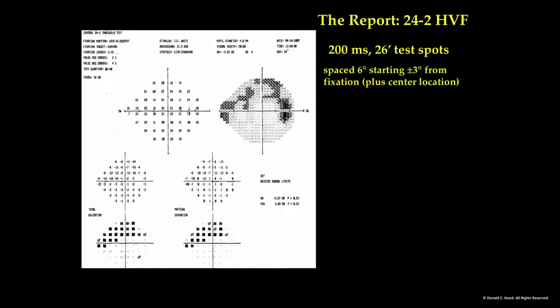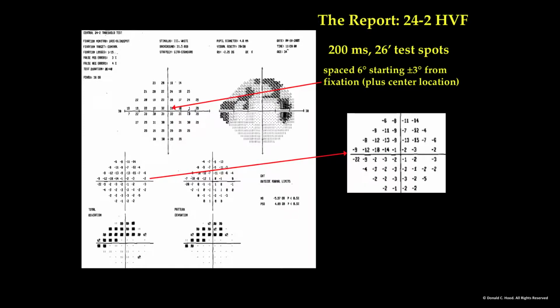Now the spacing of these test spots is rather crude. Here it shows you the location of the test spots; they are spaced every 6 degrees, starting up and over by 3 degrees from fixation.